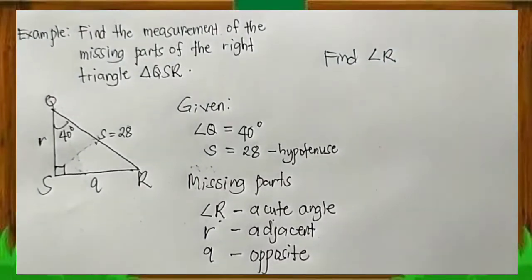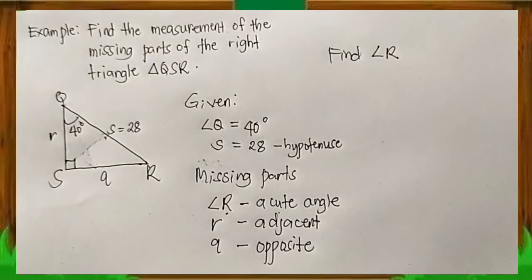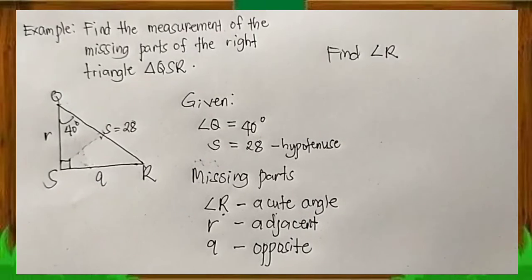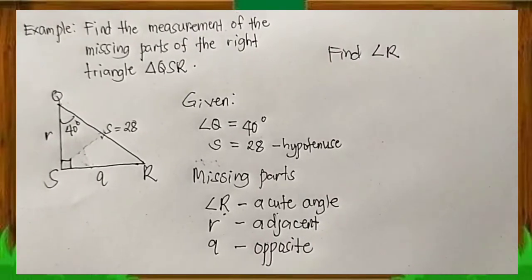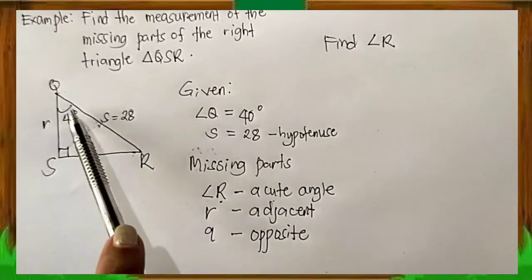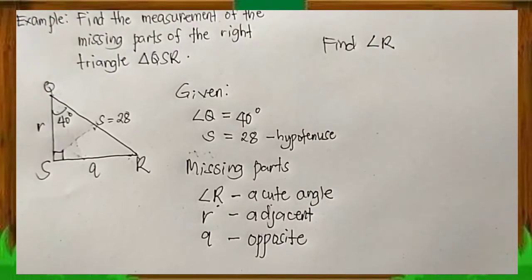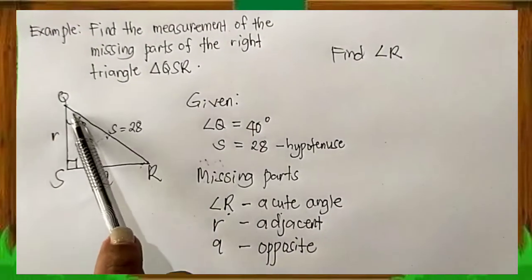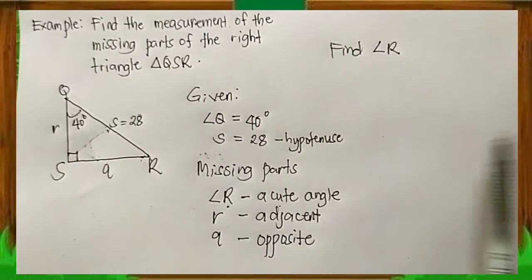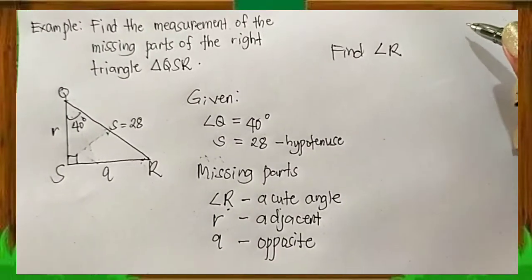Okay, now we can find angle R. Remember that the two acute angles of a right triangle are complementary. Again, the two acute angles of a right triangle are complementary. Meaning, the measures of the two angles must equal 90 degrees, or the sum of the two acute angles is equal to 90 degrees.